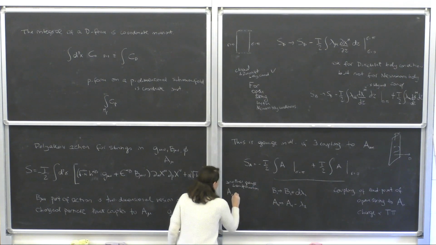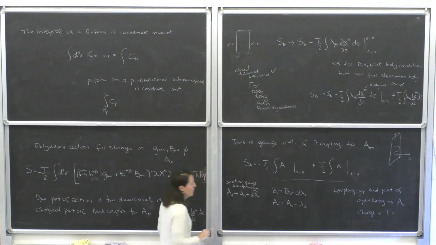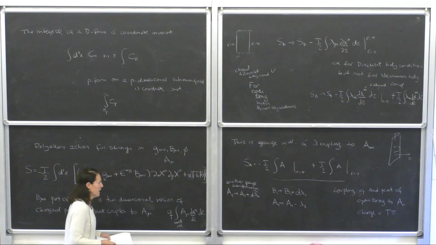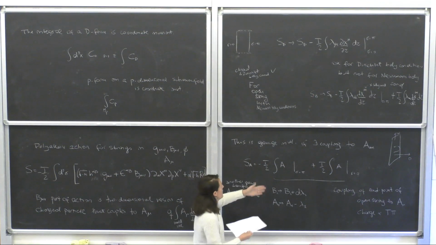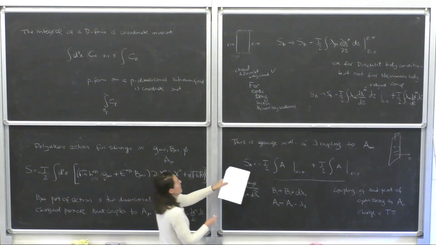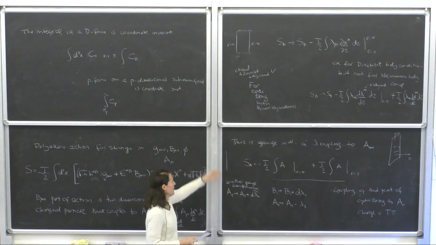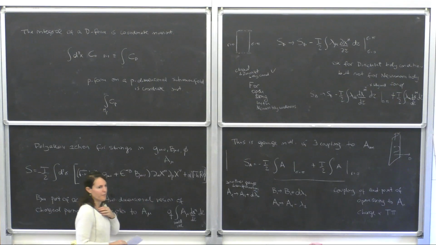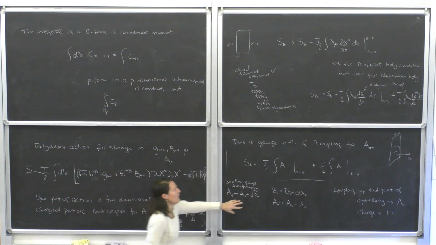So this transformation is okay: A1 going to A1 plus, let's call it lambda tilde, and this is a zero form, a scalar. That transformation is okay because now these endpoints don't have a boundary. I'm integrating over this, and this doesn't have a boundary. How should one interpret this transformation?